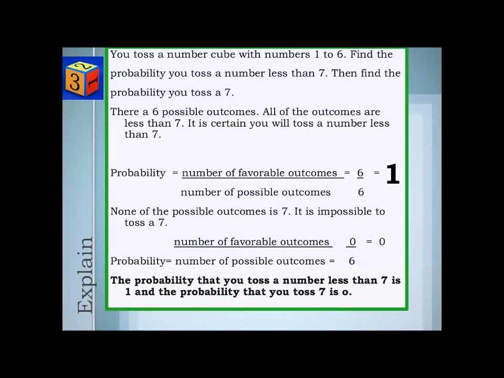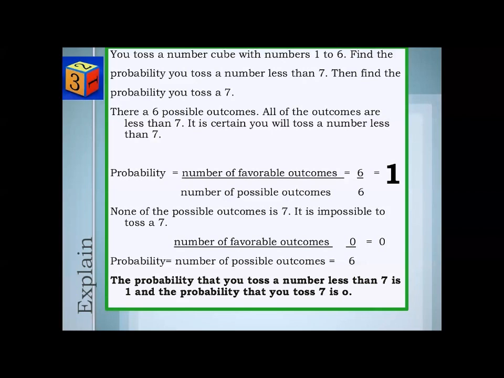The number of possible outcomes is 6. But 0 over 6 is not a fraction. It's just equal to 0. So the probability of you tossing a number less than 7 is 1. And the probability that you toss a 7 is 0.